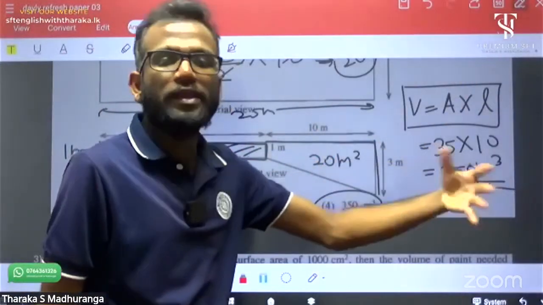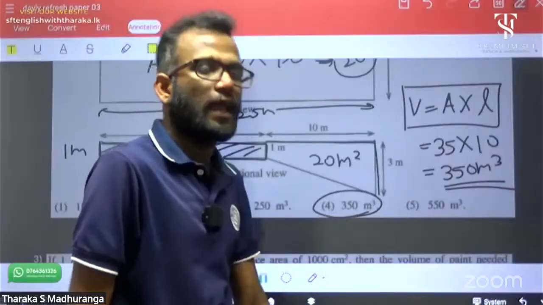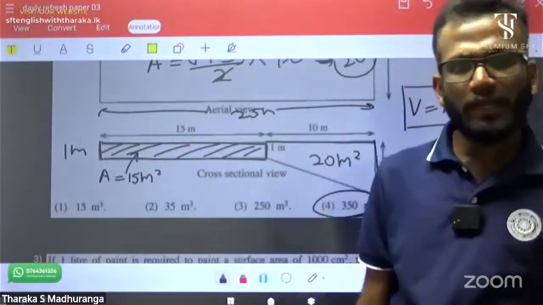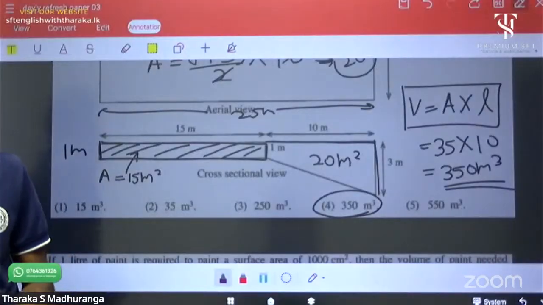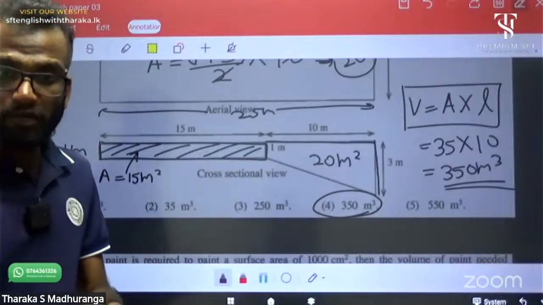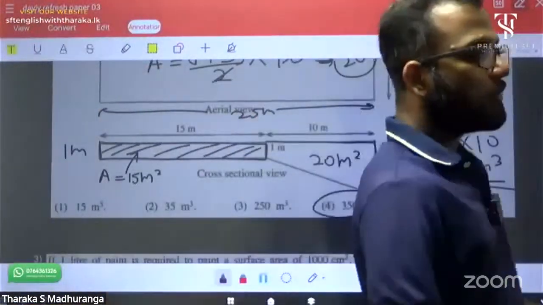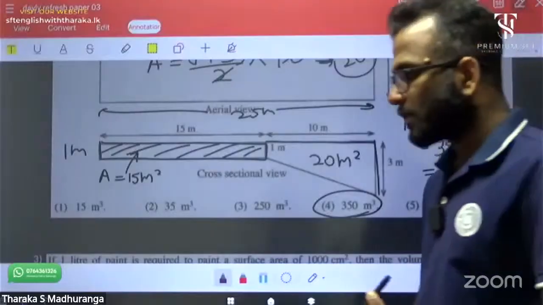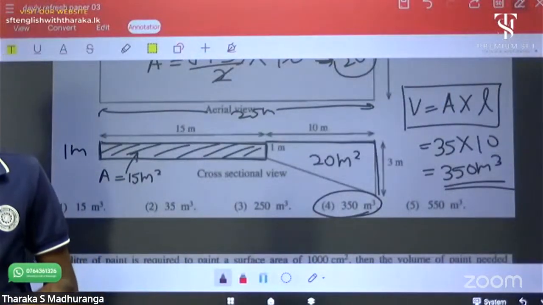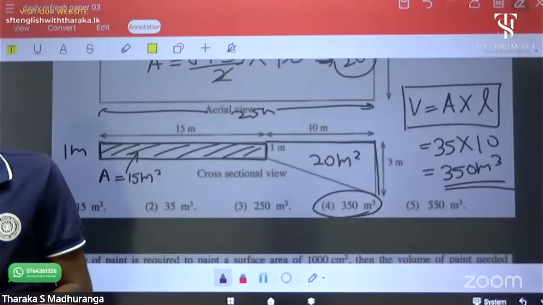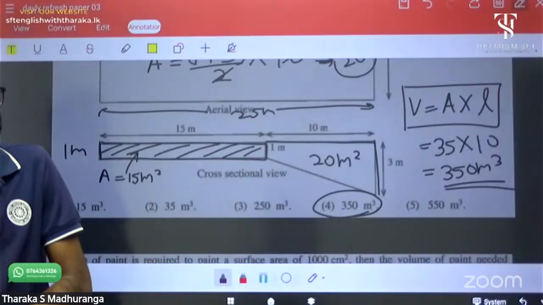Now with 350 cubic meters, what do you think? How many liters can we fill in this swimming pool? Quickly calculate. How many liters of water are required to fill this swimming pool?